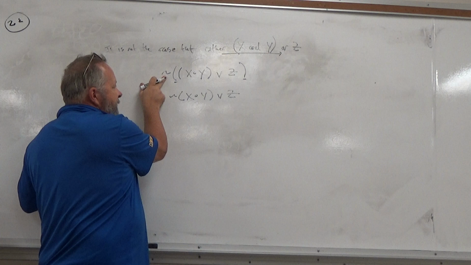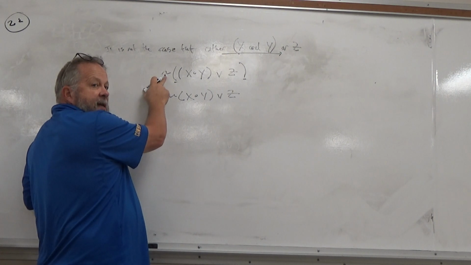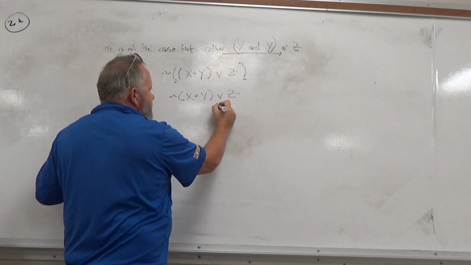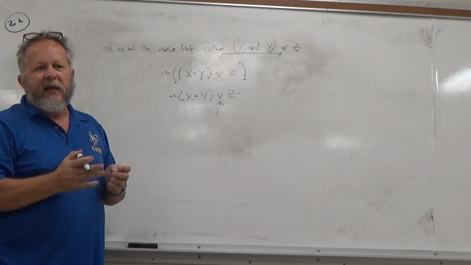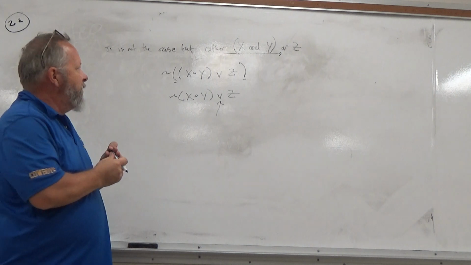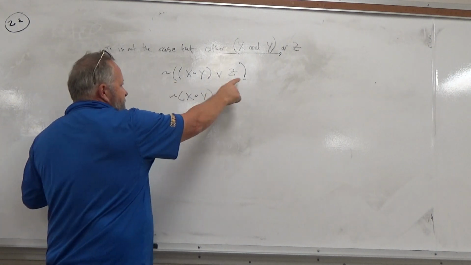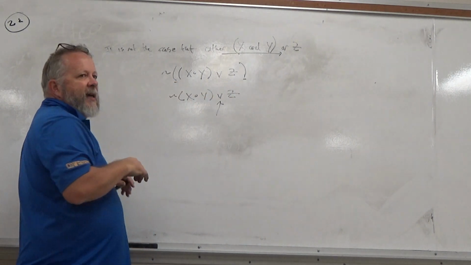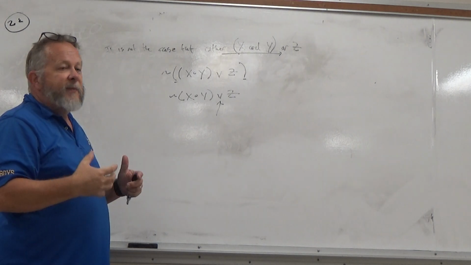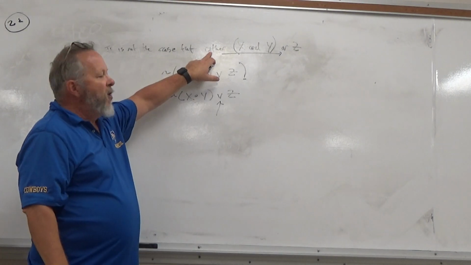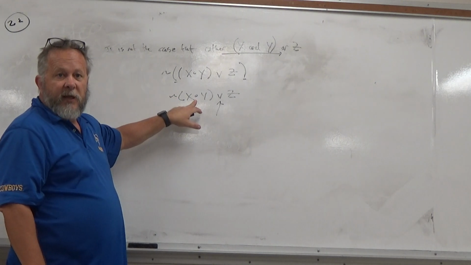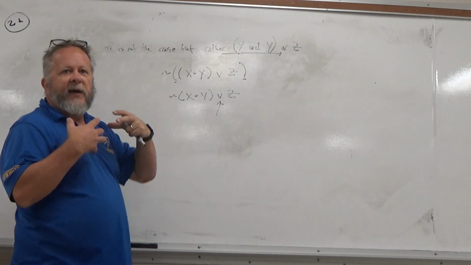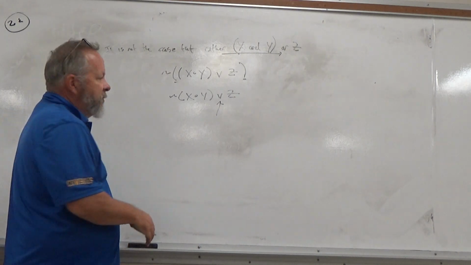This is a negation, main operator is negation, right? And this, the main operator is an or. Those are completely different kinds of statements, right? So this parentheses is absolutely necessary. It keeps the negation negating an or rather than negating a conjunction. And notice what it says, not either. That's not an or. Okay.